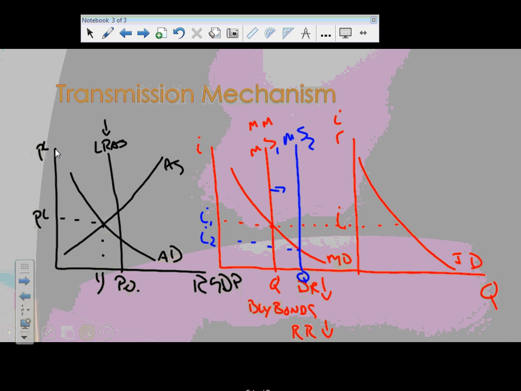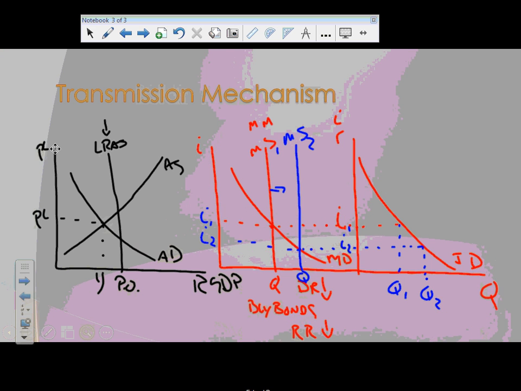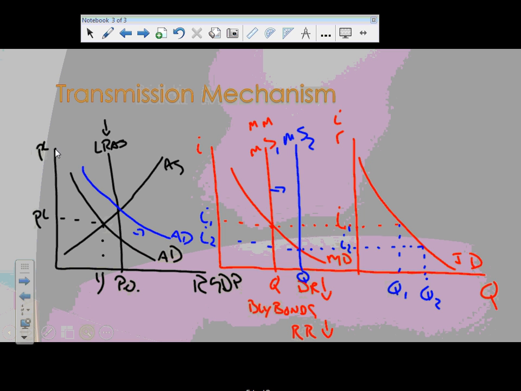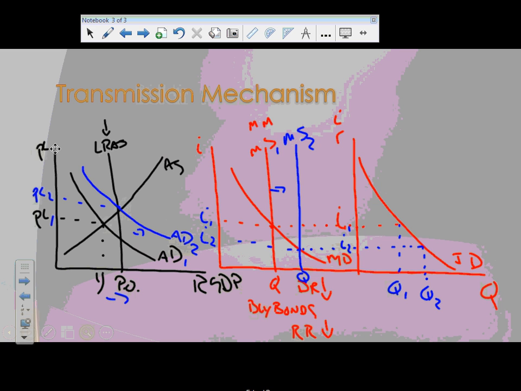So if this is the original interest rate, and this is the new interest rate as the result of the correct Fed policy tools, we're going to have a greater quantity of investment demand. When businesses are borrowing more and investing more, we get an increase in aggregate demand. When we draw into here, there's going to be some inflation, but we get back to our potential output, and that means we get rid of our problem.